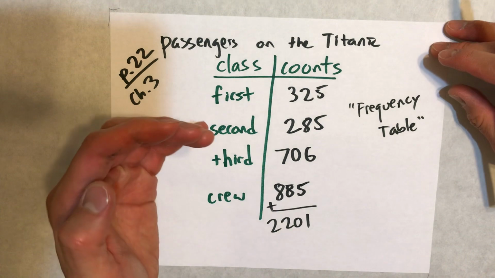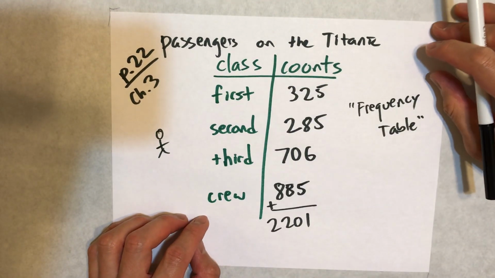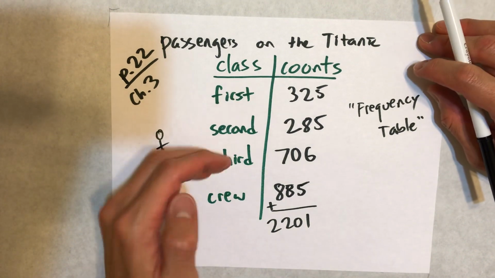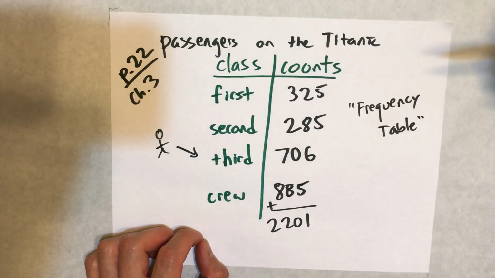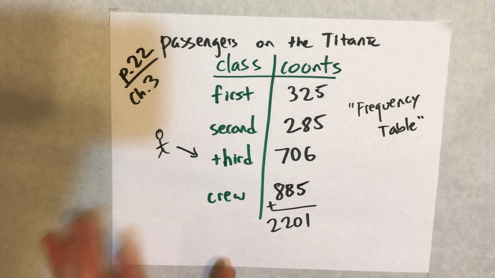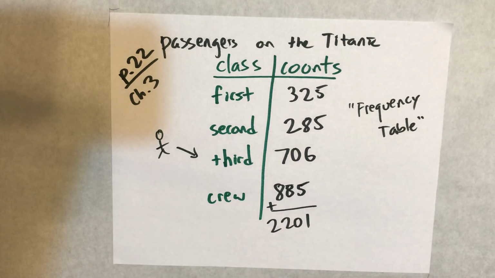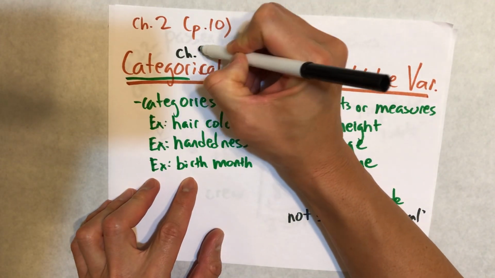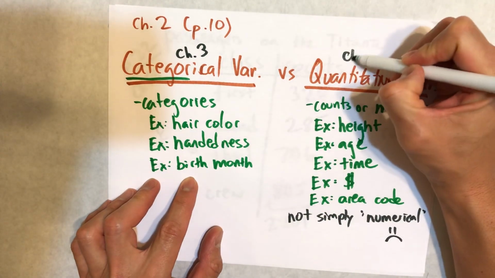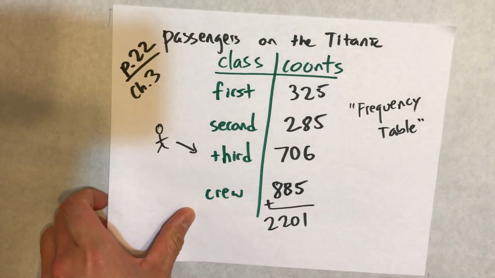However, no, right? If you have a person here and say this is Leonardo DiCaprio, and asking Leonardo DiCaprio which class do you fall in? I think Leo was third class, right? Or he was sleeping in the bottom of the bunker. What we're going to be dealing with here, categorical, is chapter 3, and then chapters 4 through 6 are going to be quantitative variables. Okay?